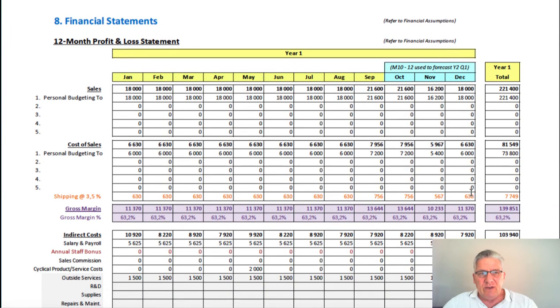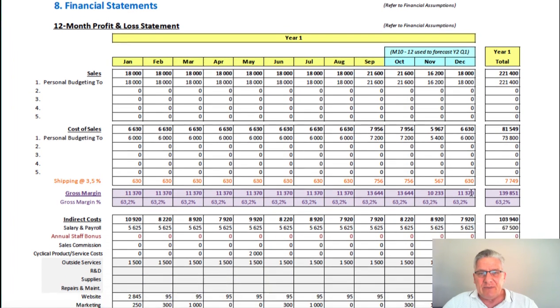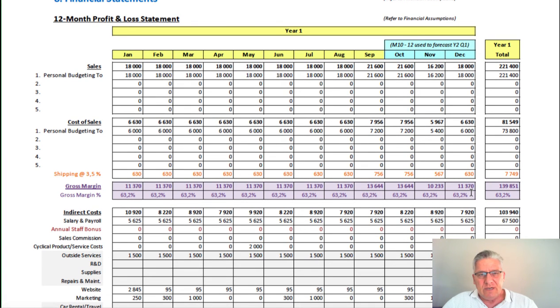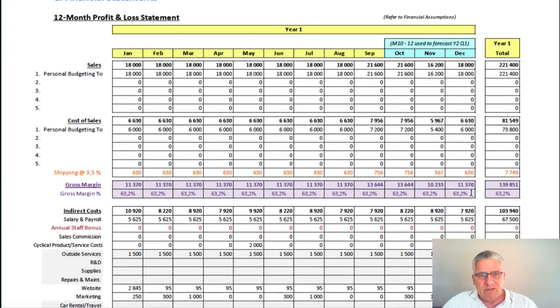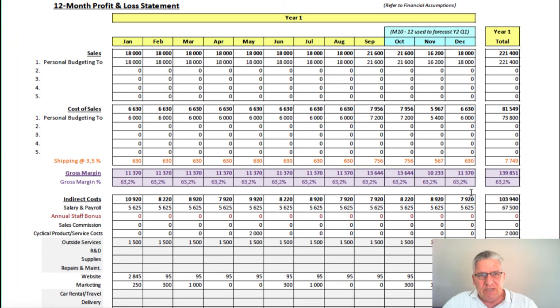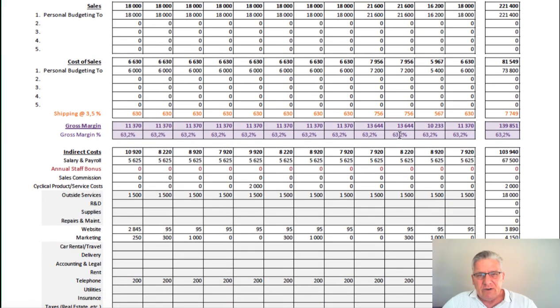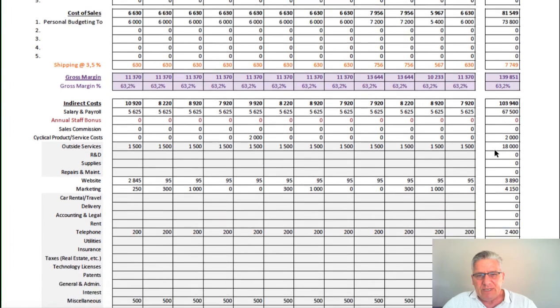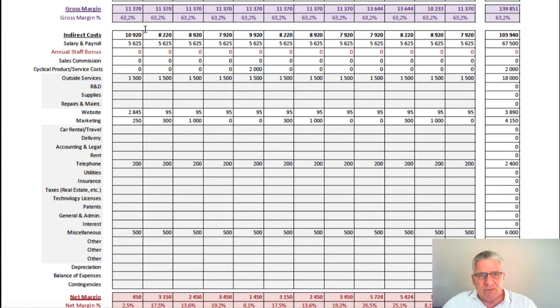Right, and so on we go to the 12-month profit and loss statement, and this gives a great visual view of the table, and we can see exactly what our sales are for the year, what our cost of sales are. Our gross margin was at 63.2%, and there comes all the salary and payroll costs.